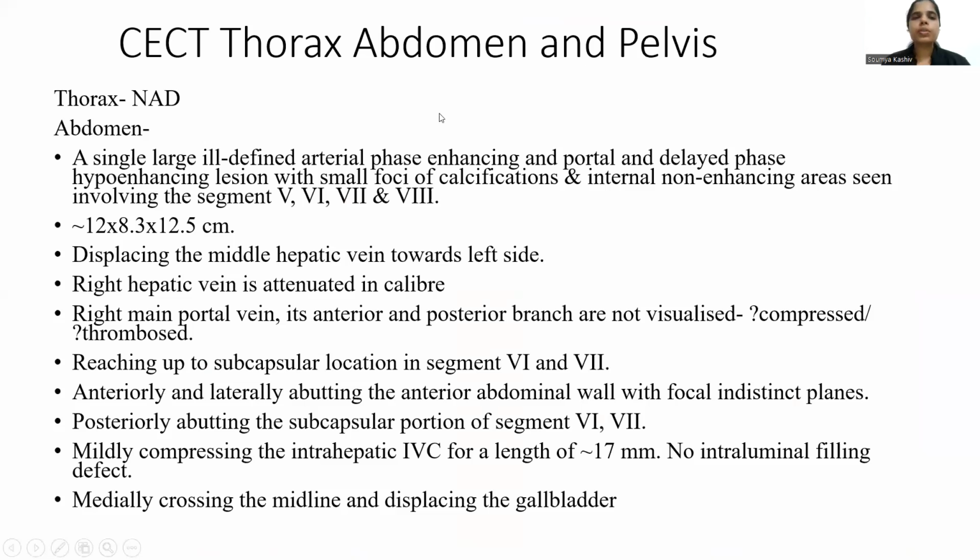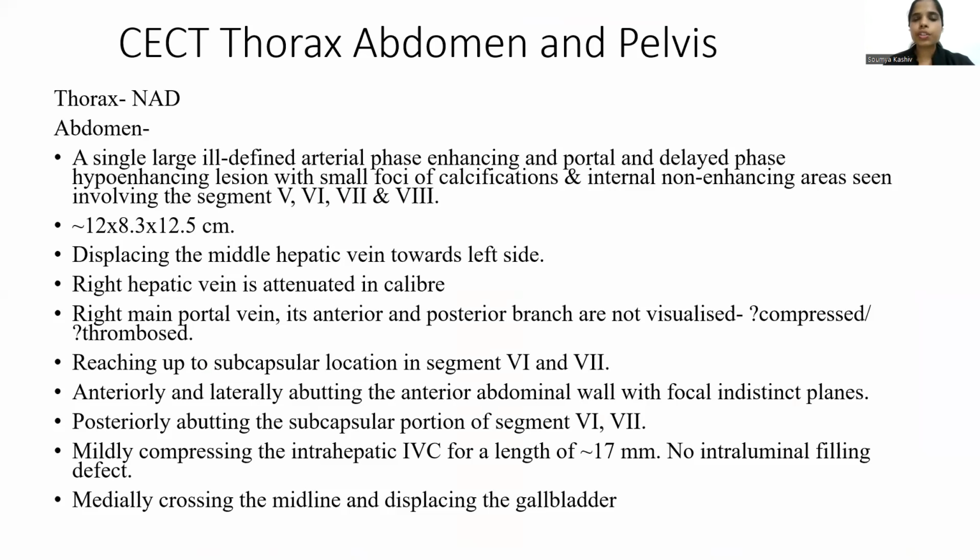So this is how the CECT thorax, abdomen, and pelvis that we did was reported. In the thorax, no abnormality was identified. In the abdomen, there was a single large ill-defined lesion, arterial phase enhancing and portal and delayed phase hypoenhancing, with small foci of calcifications and internal non-enhancing areas, involving segments 5, 6, 7, and 8.